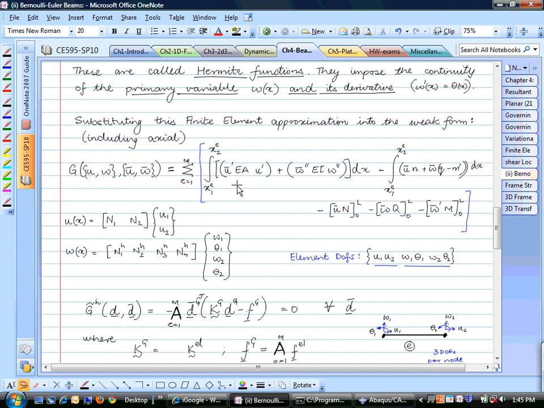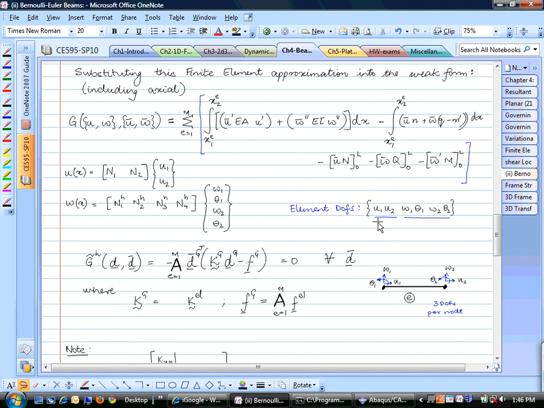So in this weak form, I'm actually including the axial term also. If you remember, this was the term that came from bending, and this is the term that comes from the axial contribution of the internal work. So now you just substitute your u is equal to nd in both of these equations, and your element degrees of freedom would become u1, u2, those are the axial displacements, w1, theta 1, w2, theta 2.